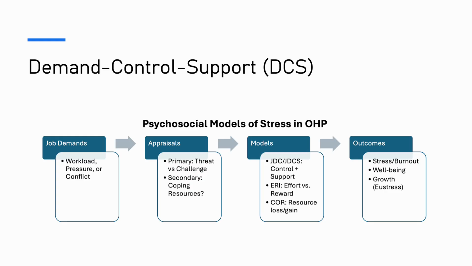High-strain jobs are common when employees face tight deadlines, safety regulations, and limited decision-making power, often leading to stress and burnout. The DCS model emphasizes that autonomy and supportive relationships buffer the negative impact of workload pressure. To reduce job strain, organizations should promote collaboration, decision-making freedom, and supportive leadership.